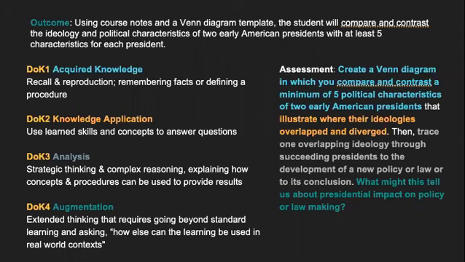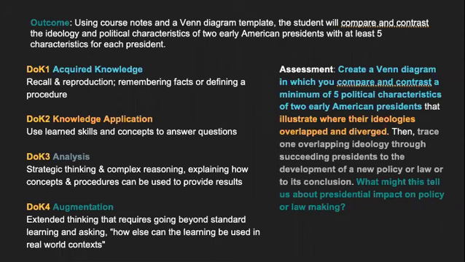You could, theoretically, give students this assessment in 4 different parts as you taught them, right? So you would teach them the basics, facts, okay? Get 5 political characteristics of 2 early American presidents. Those are basic facts that students can learn, they can memorize, and they can recall them.